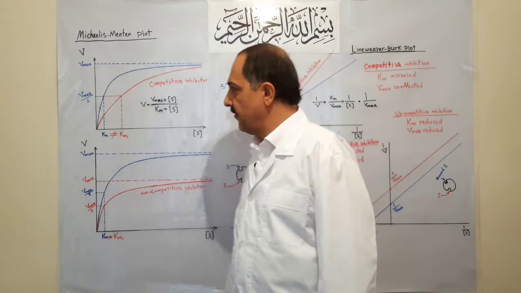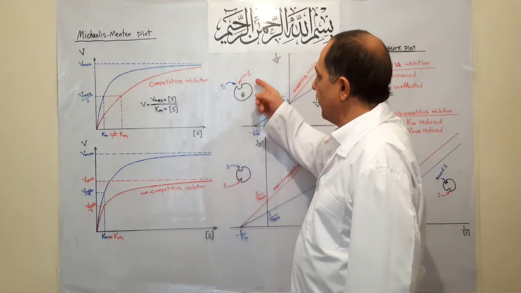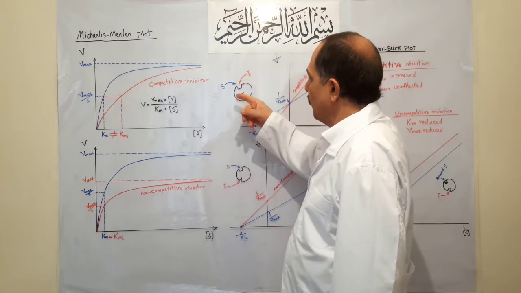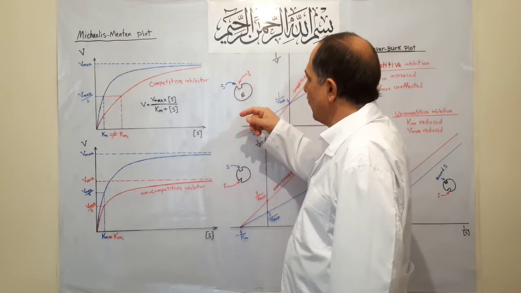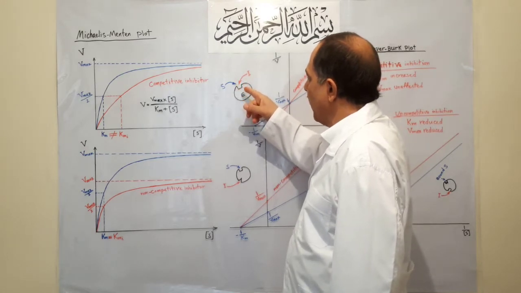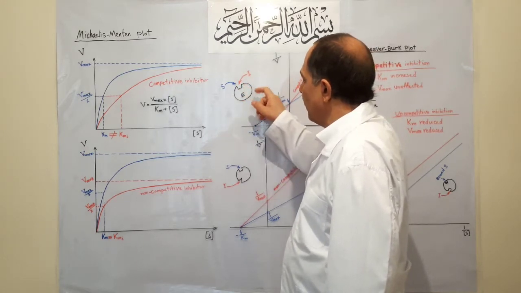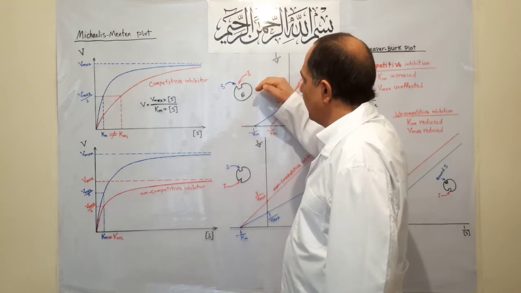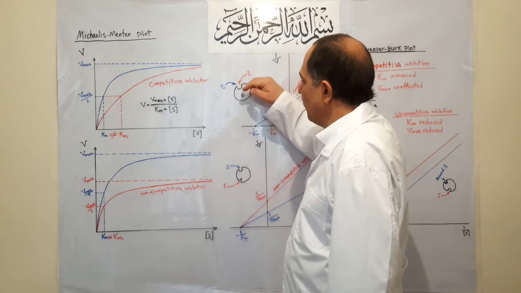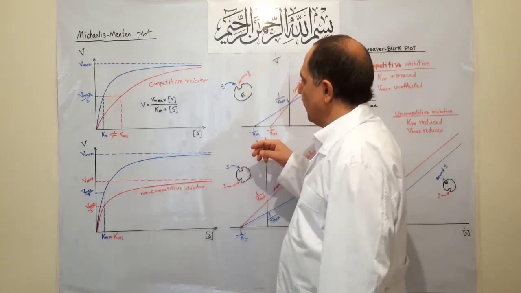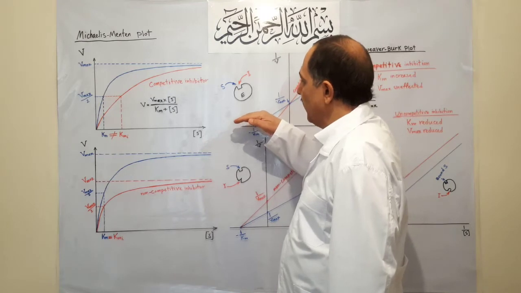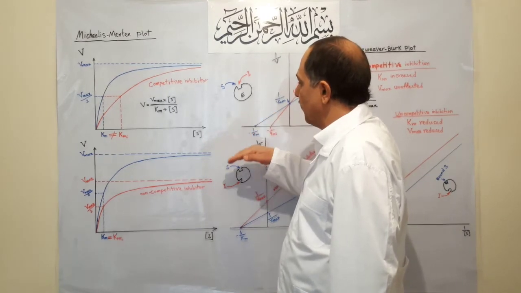In competitive inhibition, the inhibitor has a similar structure to substrate molecule, and so they compete to bind to active site of the enzyme. By increasing the concentration of inhibitor, the substrate molecule is displaced from the active site of enzyme, and so the enzyme activity is decreased.